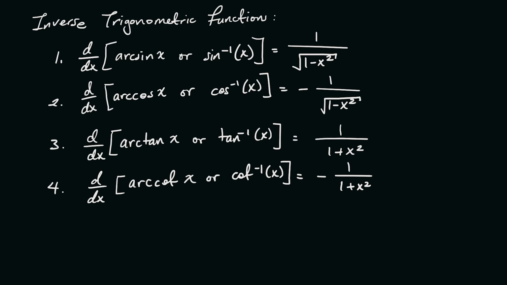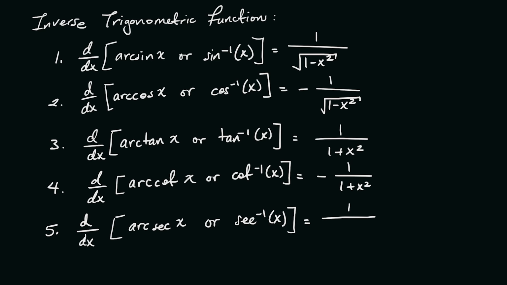And for the last two, which we're probably never gonna use ever, it's just arc secant x or secant -1 of x. And that's just equal to 1 over, this one's a little bit more complicated here, the absolute value of x times the square root of x squared minus 1.